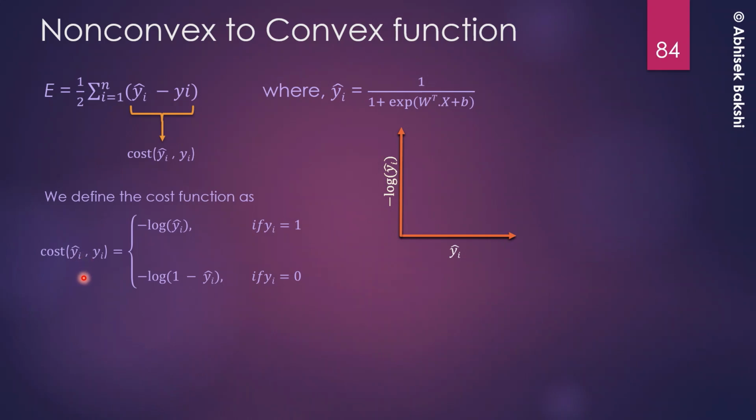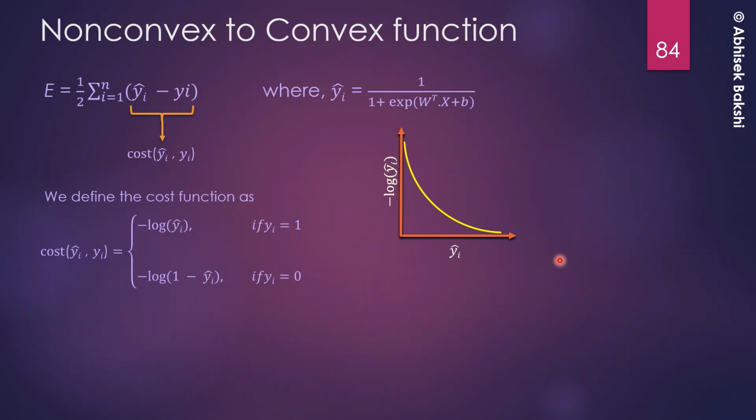Now if we check how this minus log of yi cap varies with respect to the changing value of yi cap, as presented over here, the graph will be something like this. So as yi cap increases, minus log of yi cap will decrease.